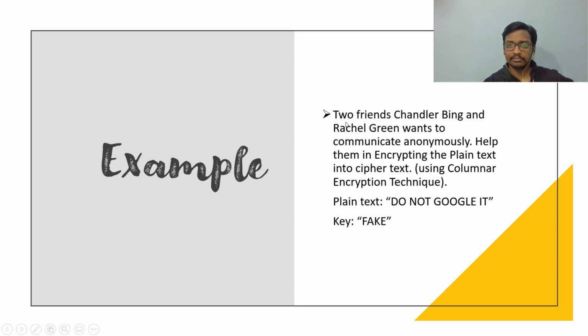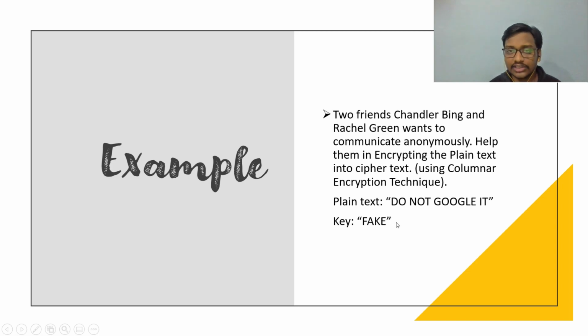Coming to the example, two friends, Chandler Bing and Rachel Green, want to communicate anonymously. Help them encrypt the plain text into the ciphertext using the columnar encryption technique. The given plain text is "do not Google it" and the key is FAKE.